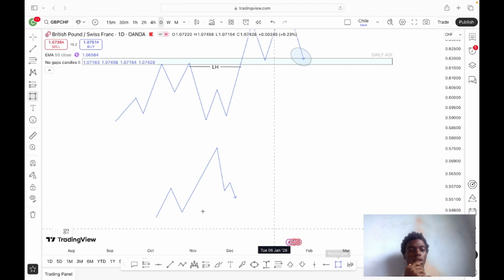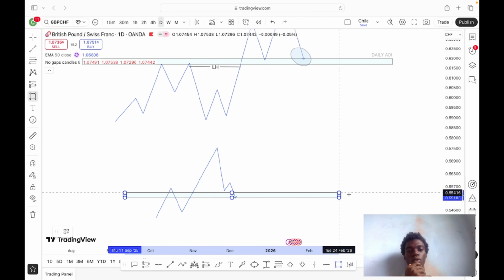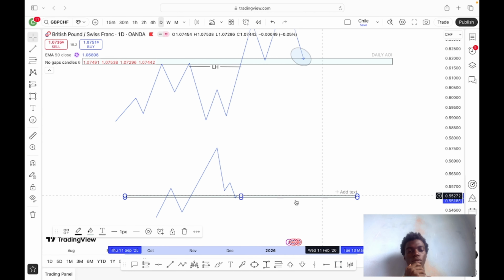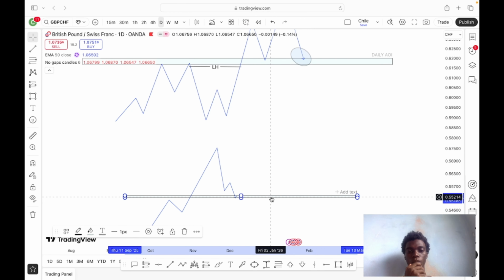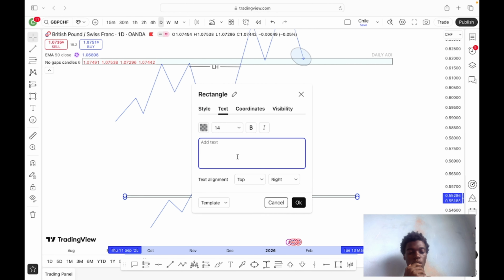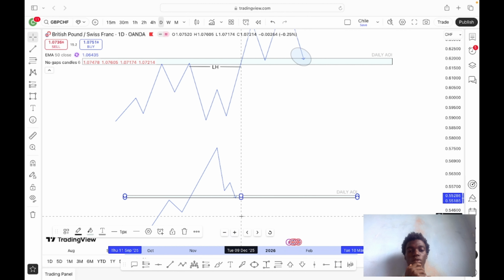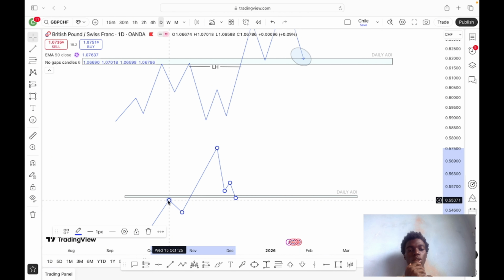So we zoom into the 4H time frame and look for the shift of structure. As you can see, this is the daily area of interest, daily AOI.